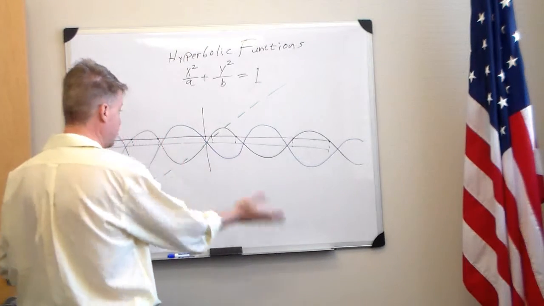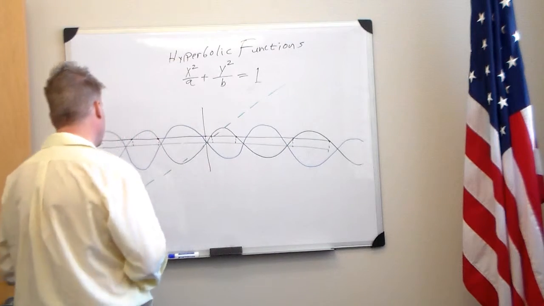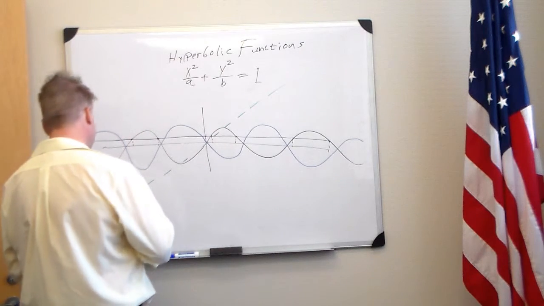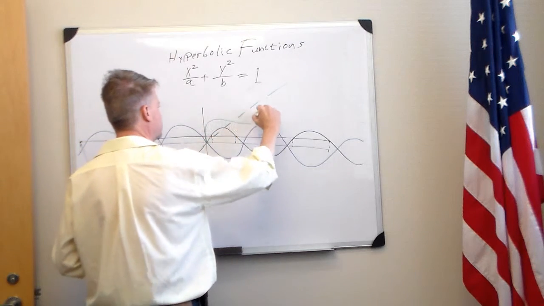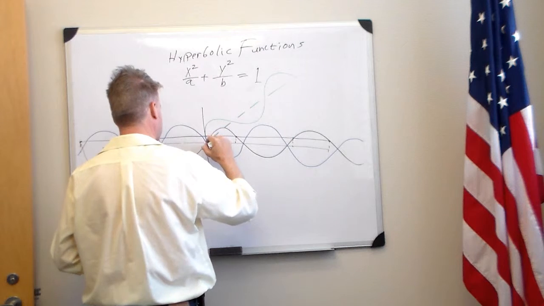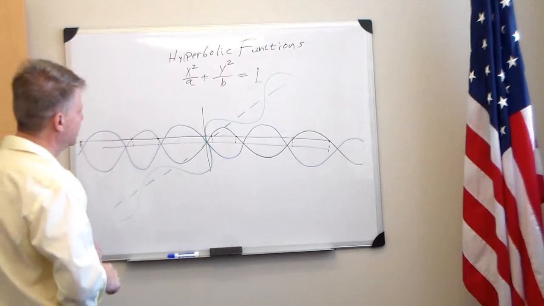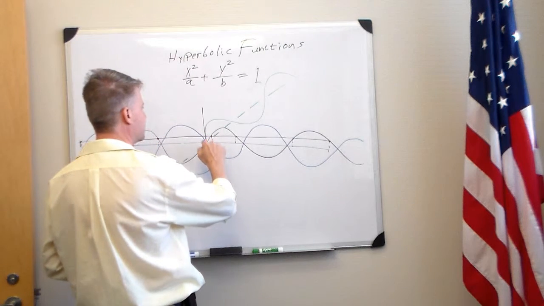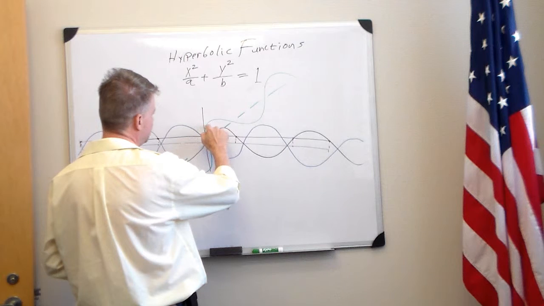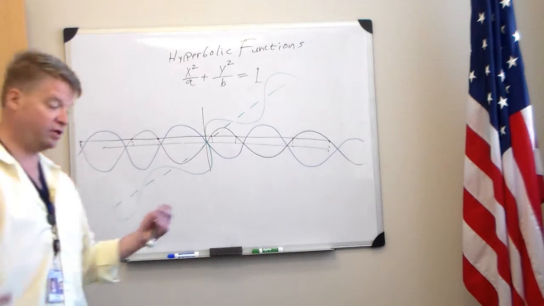You have to be careful. You can't change it so that the axis is straight up and down because you don't have a true function then. But if you have an axis like this and a sine function, if you do this right, for every value of y, and obviously I didn't, you should have only one value of x. And then they say, oh, that way you can do an inverse.